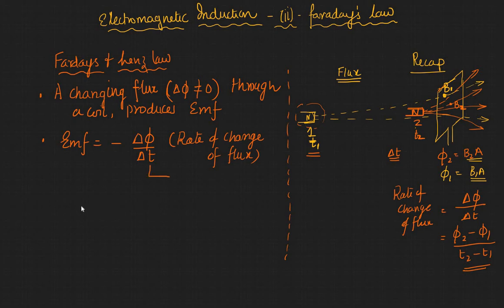Now, of course, this delta t determines how fast we move the magnet, or how fast the flux changes, and delta phi implies the change in the flux.